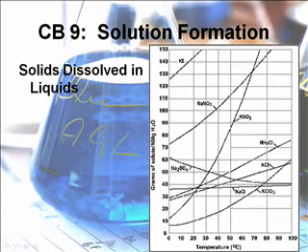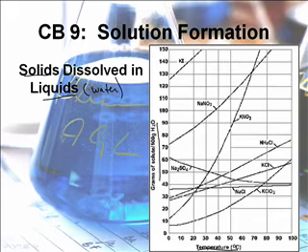Now, guess what? There's also a function of temperature. If you are trying to dissolve something, there is an issue with temperature. Okay. If you have warm water versus cold water, some things will dissolve better. So here we have a solid dissolved in a liquid. In particular, this graph is the liquid water.